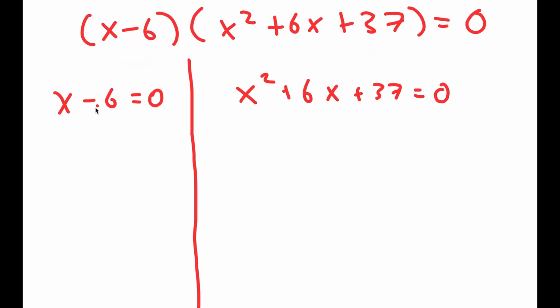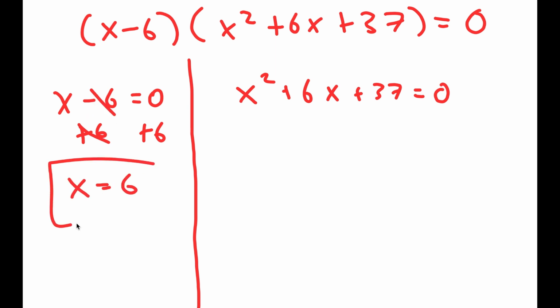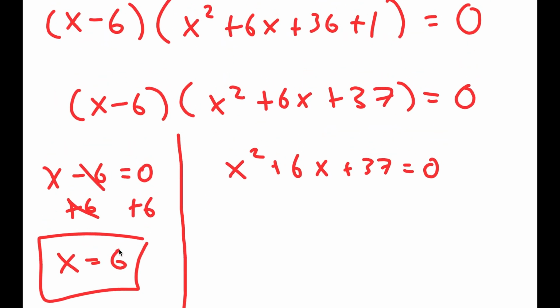Because let's first solve x minus 6 equals 0. So all we have to do is add 6 on both sides, and I get x is equal to 6, which is a solution to this equation. So now if I plug in 6 for x, this automatically turns into 0, and it doesn't matter what value this has, because 0 times anything is 0 anyways, so the whole thing becomes 0. Same here for this.